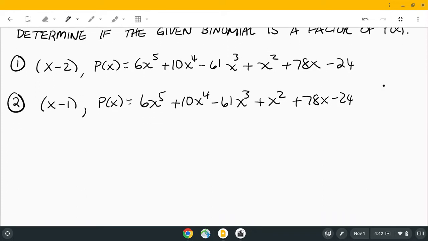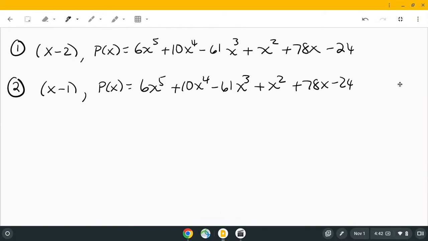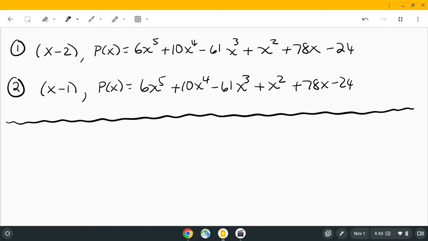And what you have to do is use synthetic division to see if you get a remainder or not. Just like if you want to know if 4 is a factor of, let's say, 68, right?